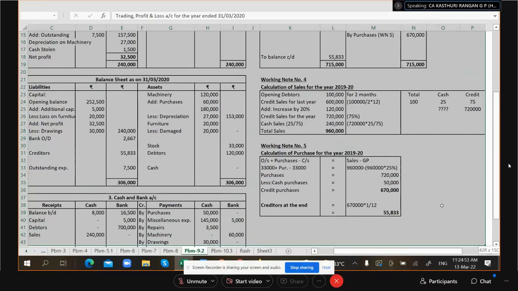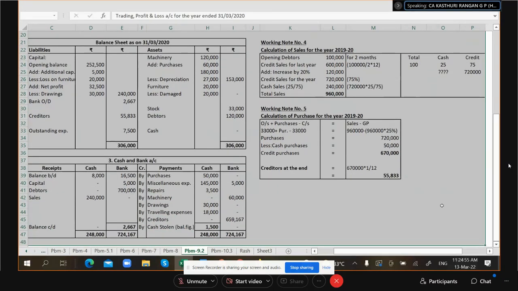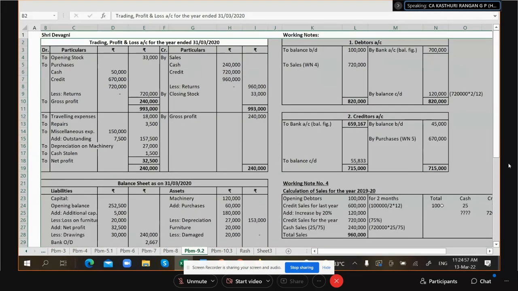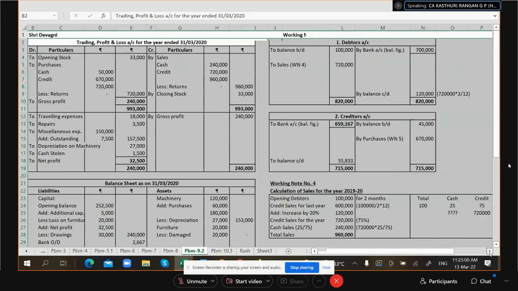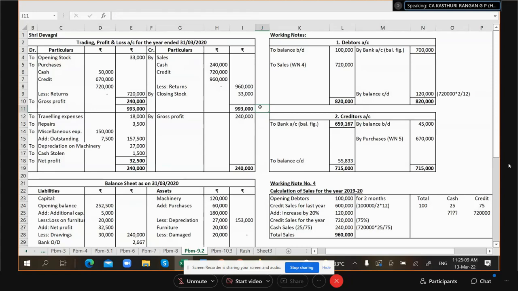Very important and interesting also, is it not? It's not only important, it's a very interesting problem. Any problem on single entry will be like this only. If you have adequate practice, then you can solve any problem on single entry. So, are you clear, friends?